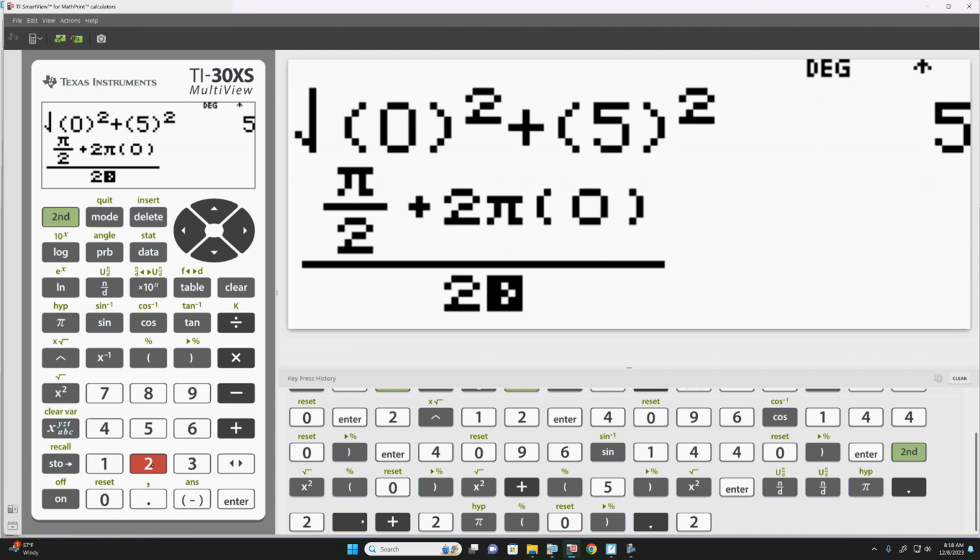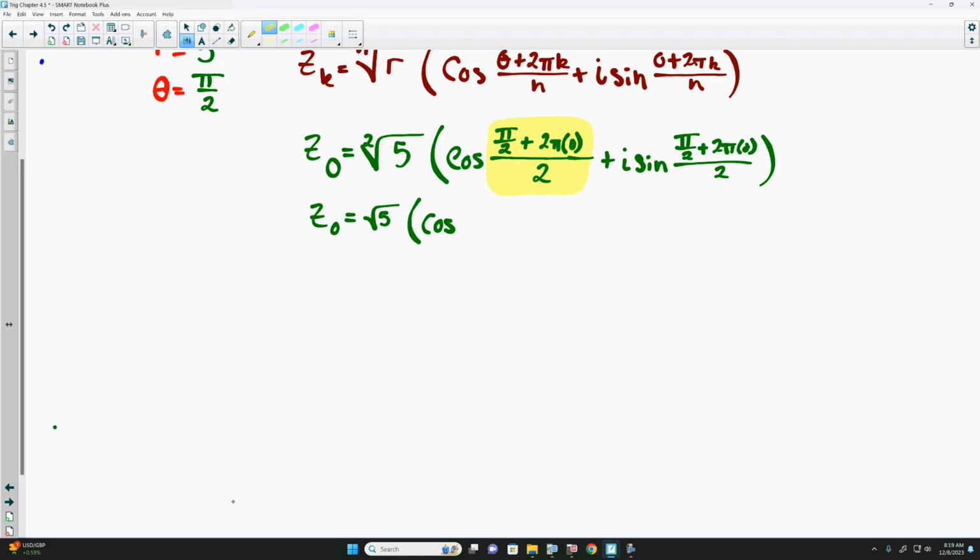Now it might seem weird I'm actually typing in the 2 pi times 0, because 2 pi times 0 is 0, just leaving us with pi over 2 divided by 2, which is pi over 4. So it tells us we have cosine of pi over 4 plus i sine of pi over 4.